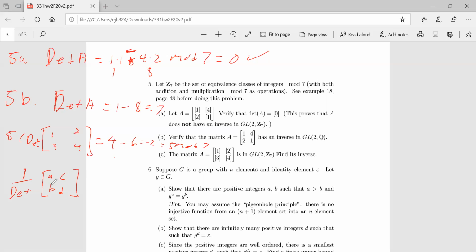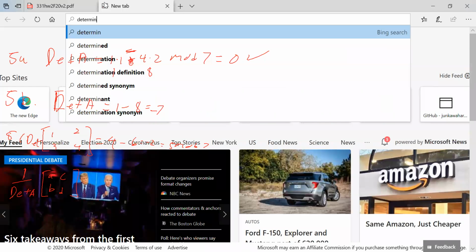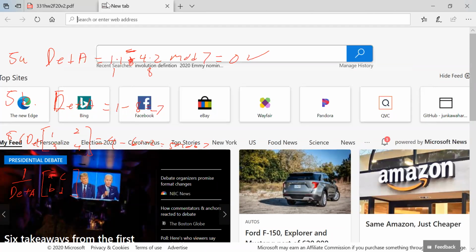Is that the correct form there? There's a minus somewhere. Minus C and B. Okay, thank you.